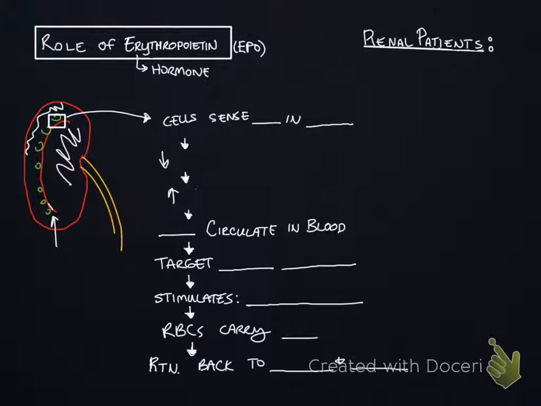Over 1 liter of blood per minute goes through the kidney, and special cells in the lower cortex sense oxygen, O2, in the blood that's going through the kidney. Let's say that they detect low O2, low oxygen levels.